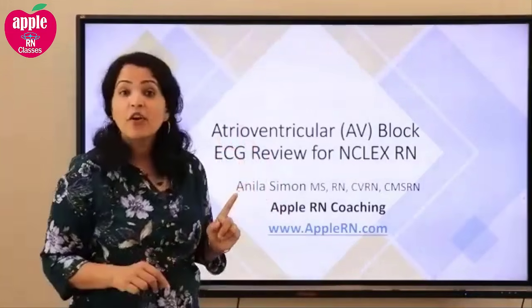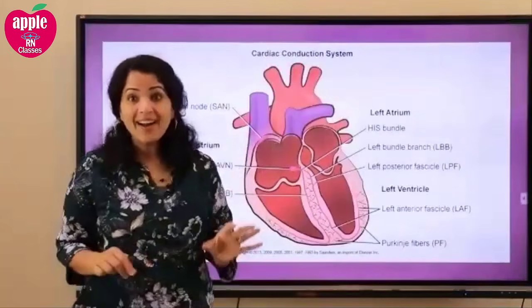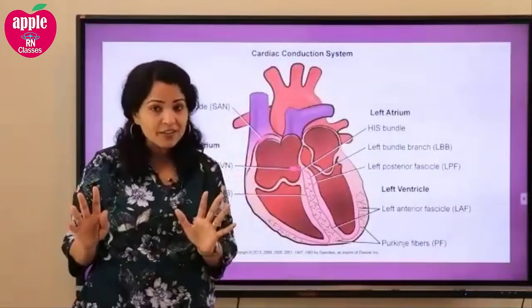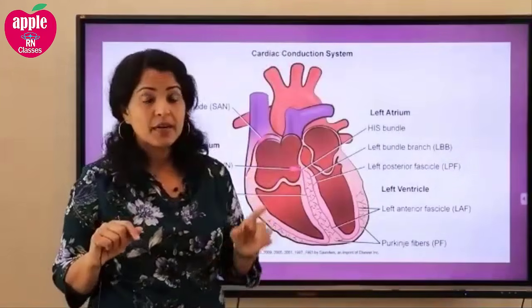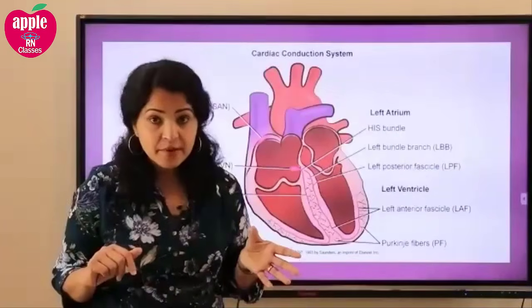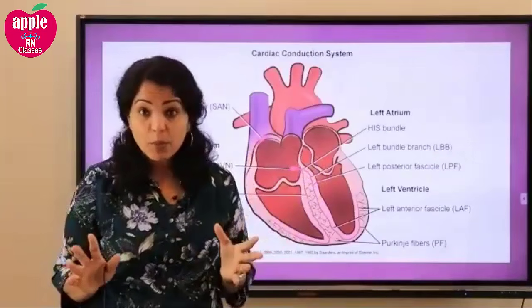Before we go into details, it's important to know what exactly is involved when we talk about the conduction system. Please remember, the heart's conduction system is way different from the cardiopulmonary system.